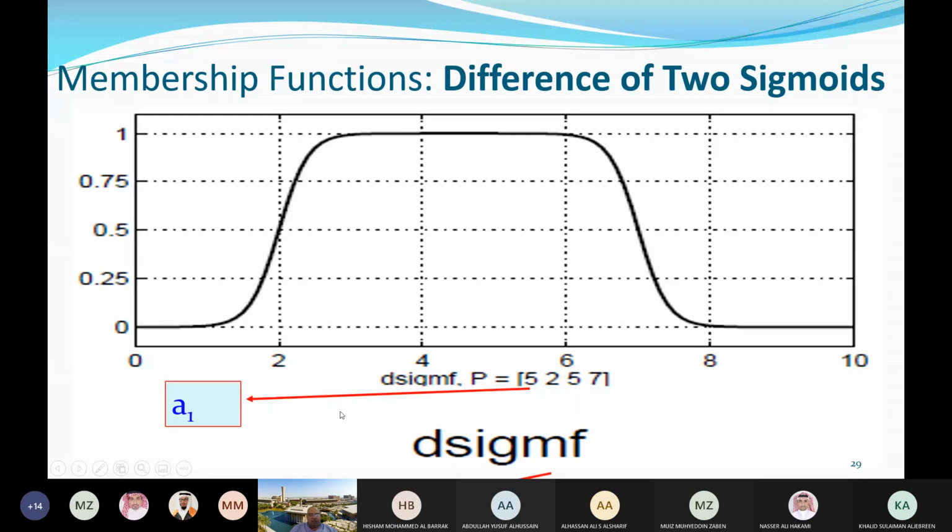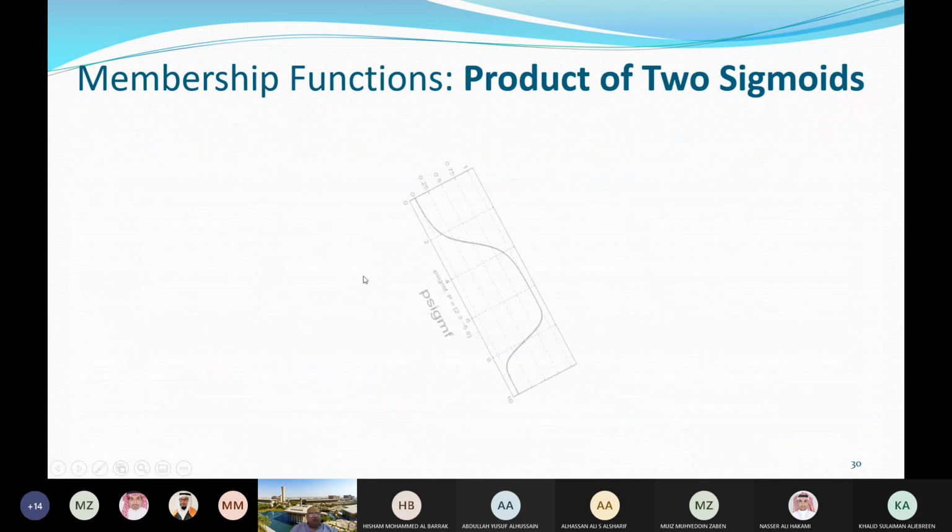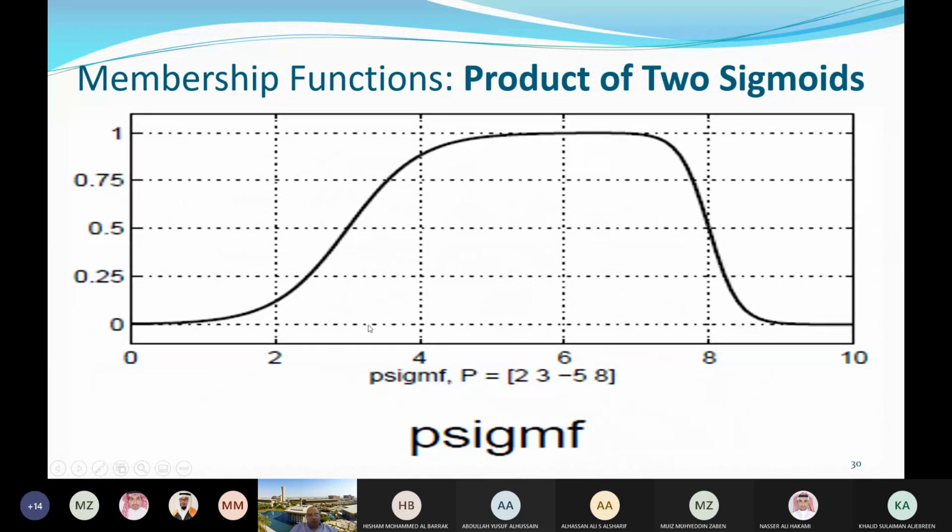You can define this as a1, b1, and a2, b2. You have one sigmoid as such, and the other sigmoid is multiplied by negative, so you have both, and you take the difference.